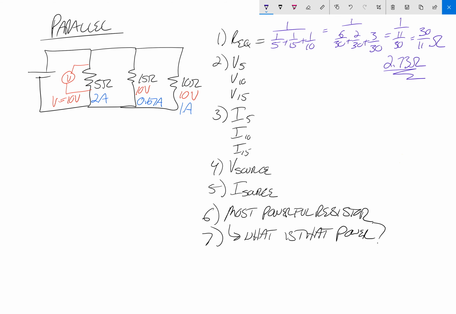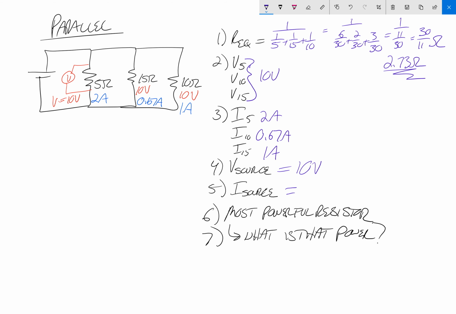2.73 ohms. So that's the total resistance of the circuit. We have already figured out that each of these has a voltage of 10 volts. We have the current on each, which is 2 amps, 0.67 amps, and 1 amp. The voltage of the source, isn't it the same as the other resistors? Because in parallel, that's what we saw in the previous activity. So this is 10 volts. I source. Okay, 2 ways to get this.